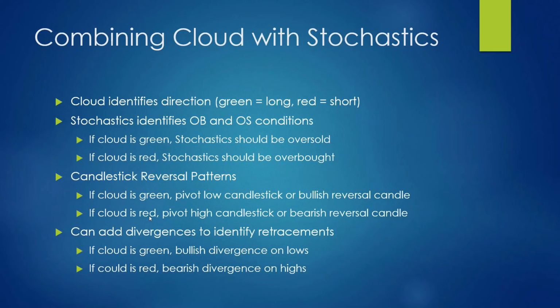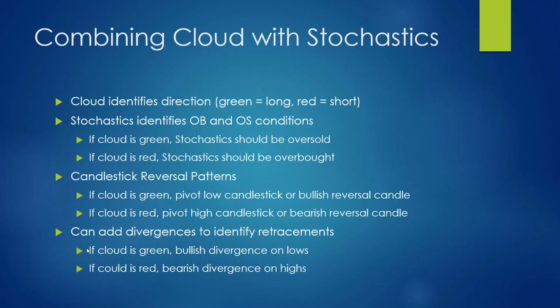If the cloud is red, meaning bearish, then you would want a pivot high candlestick or a bearish reversal candle. Okay. You could also add divergences to this to identify the retracements. It just depends on how complicated you want to get.